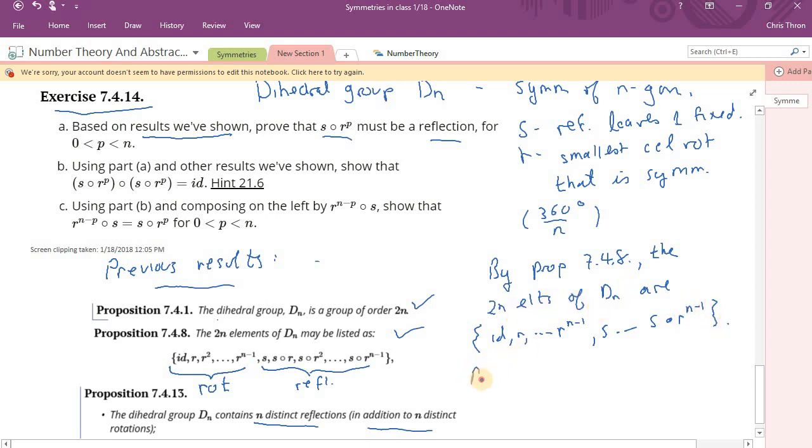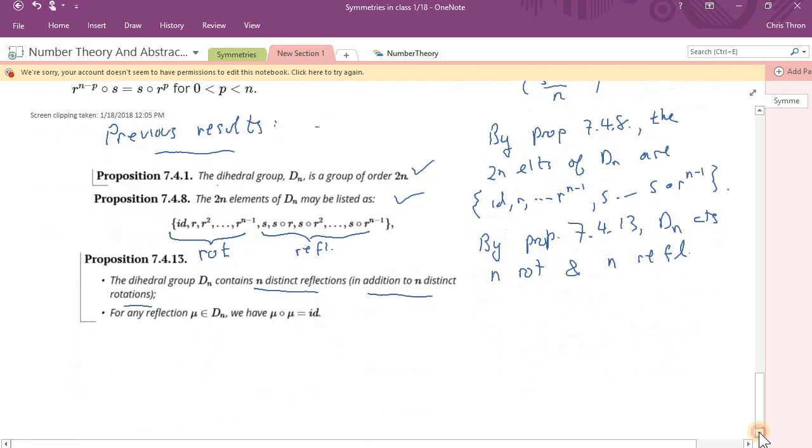And then you say by proposition 7.4.13, Dn contains n rotations and n reflections. Okay.